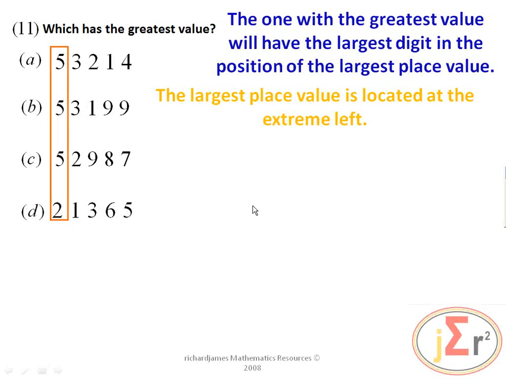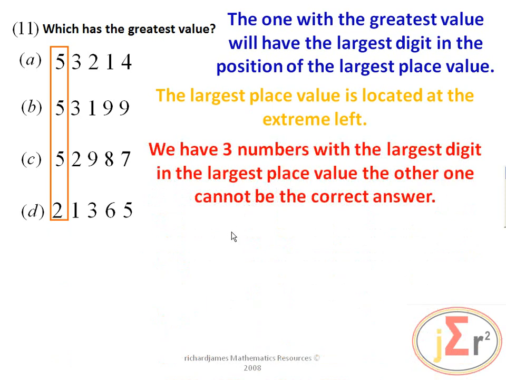There we have the largest place value digits. We have 3 numbers with the largest digit in the largest place value. The other one cannot be the correct answer, so this one is automatically out. Why?